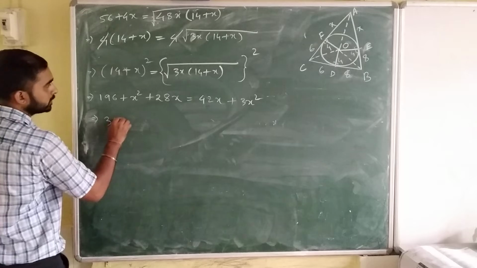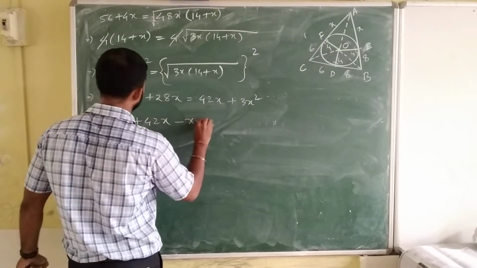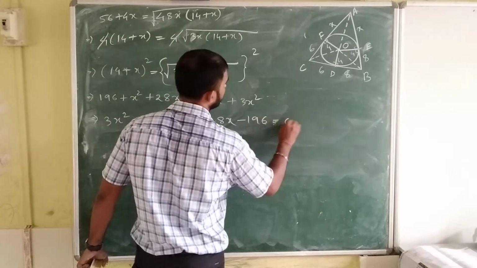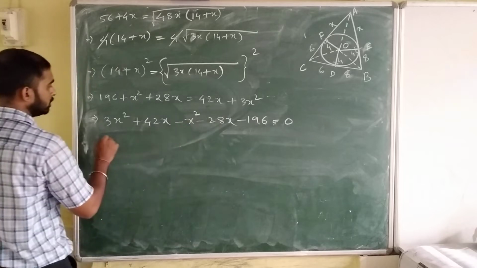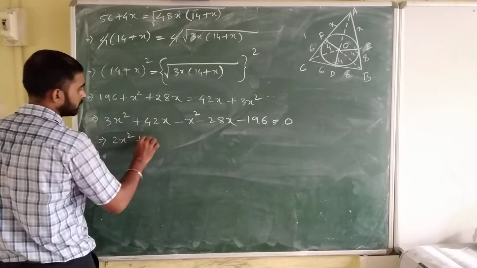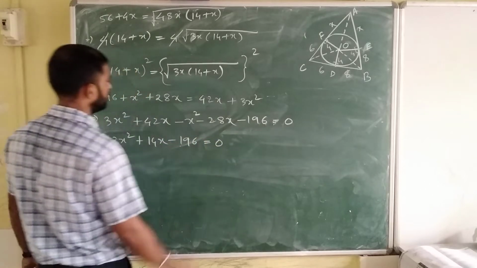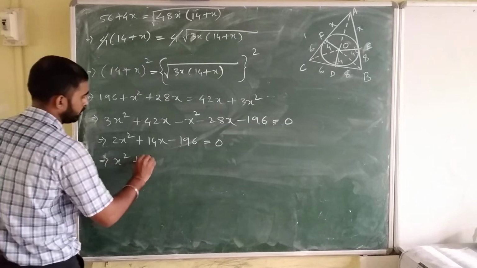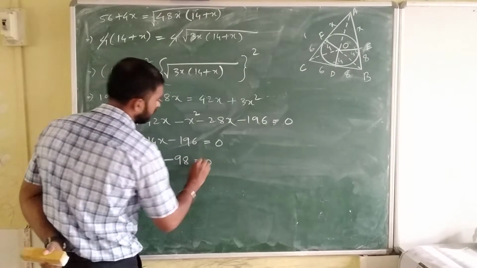Then twice x square plus 42x minus x square minus 28x minus 196 equal 0. So twice x square plus 14x minus 196 equal 0. x square plus 7x minus 98 equal 0.